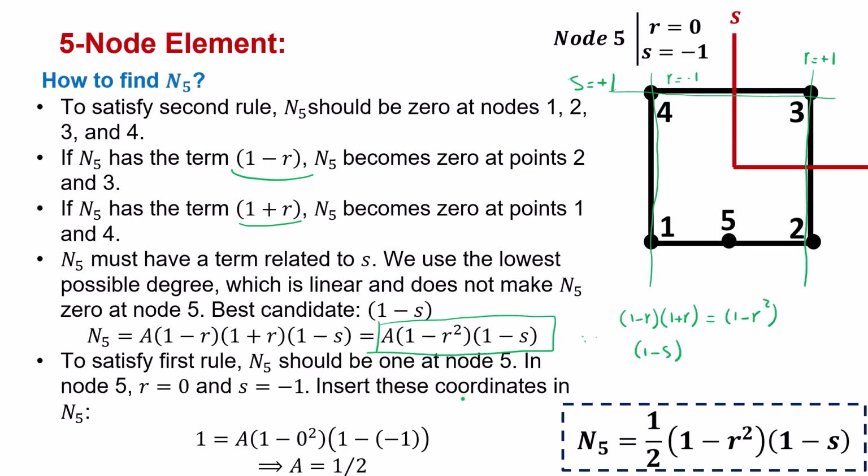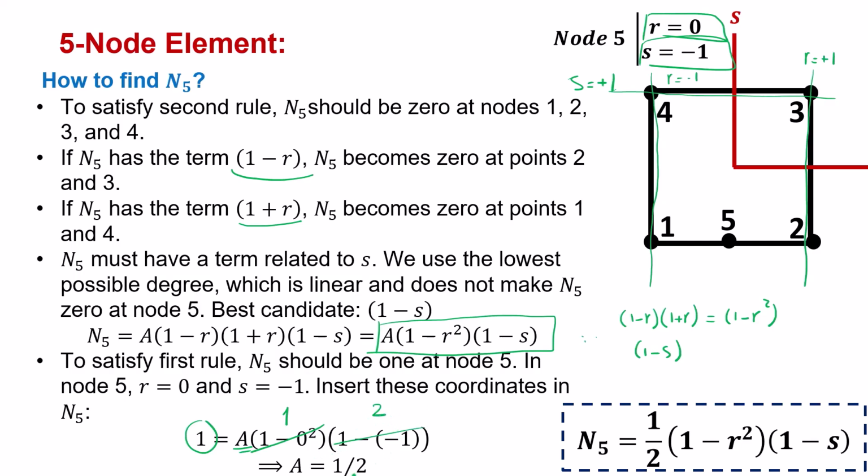Finally, let's apply the first rule. At node 5, we must have n5 equal to 1. Node 5 is at r equal to 0 and s equal to minus 1. Substituting those values gives us 1 should be equal to a times 1 minus 0 squared, which would be 1, and 1 minus minus 1, which would be 2.